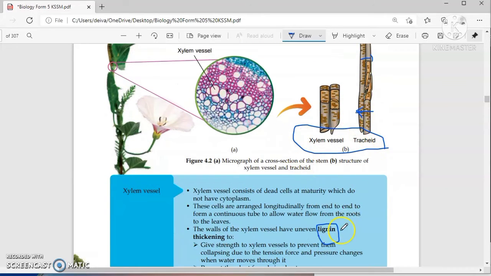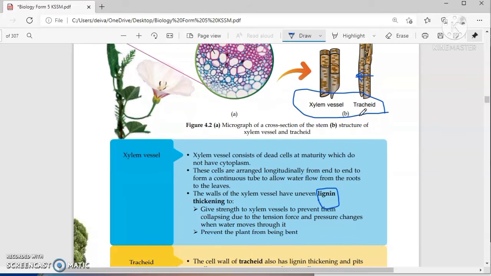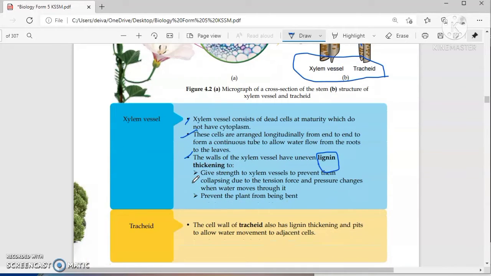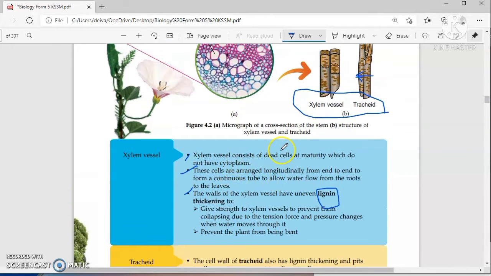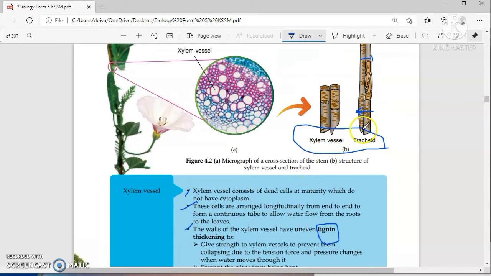Then they are thickened with lignin to make them stronger. Okay, we see the function here. All this is important. You can tick with pencil in your textbook. Okay, xylem consists of dead cells. They are longitudinal, that means panjang, long like this, and then they have a hollow tube where the water can flow.